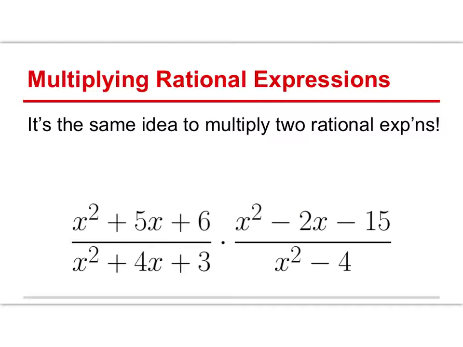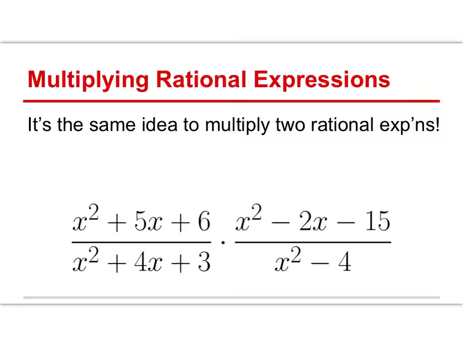We can even expand this idea to the multiplication of two rational expressions. We can take the x squared plus 5x plus 6 over x squared plus 4x plus 3. We've already factored that. We know where that's headed. And we could multiply it by, let's say, x squared minus 2x minus 15 over x squared minus 4.